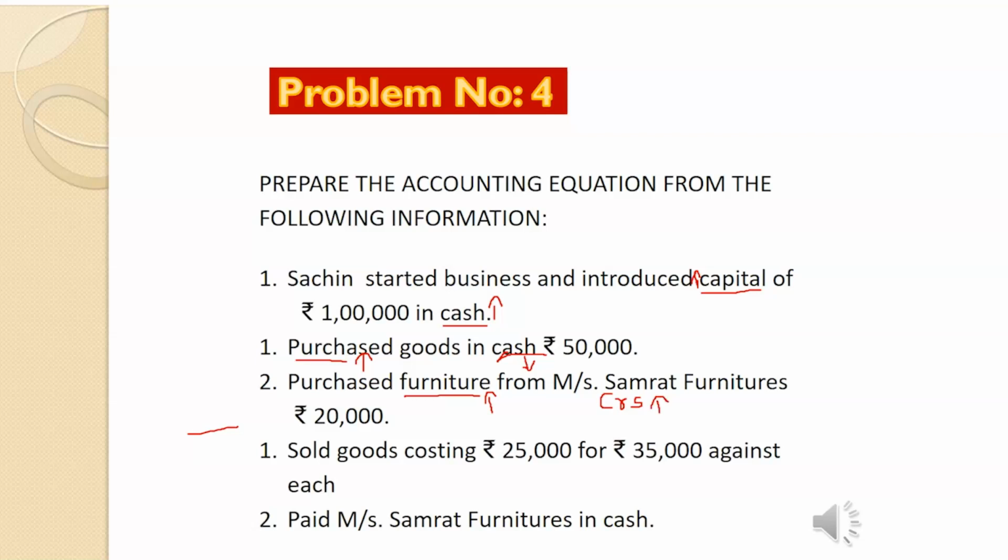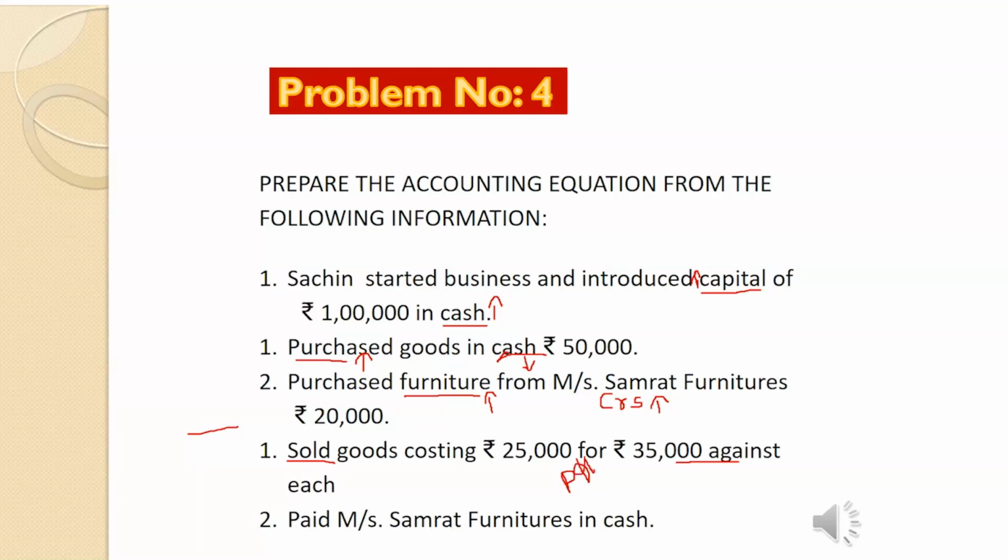Then sold goods costing rupees 25,000. That is sales. The goods worth 25,000 were sold for 35,000. So your profit is 10,000.